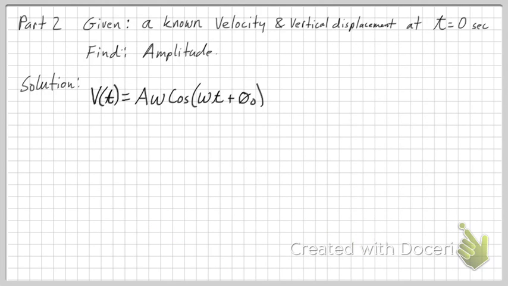Okay, so the next part is they give me a velocity at a certain time. All right, so let's go to the derivative of that equation. And you don't have to take the derivative. We already did this in our notes. So our velocity versus time equation is this guy.